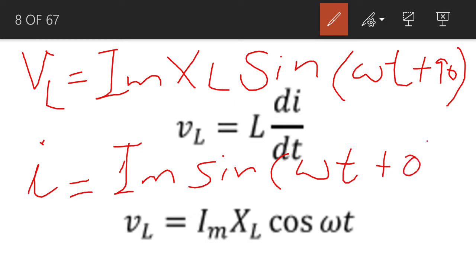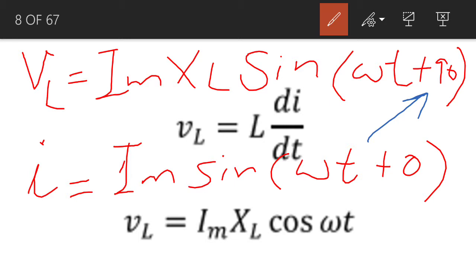So the phase angle of this AC current is 0, while the phase angle of this AC voltage is plus 90 degree. So there is a phase difference of 90 degree between the voltage across the inductor and the current in the inductor. In other words, the voltage across the inductor leads the current by 90 degree, or the current in the inductor lags behind the voltage across the inductor by 90 degree.